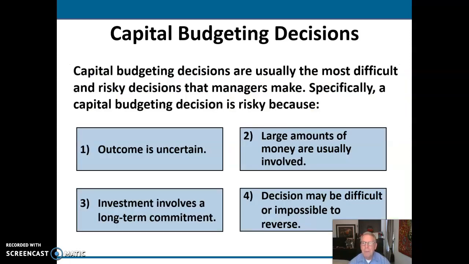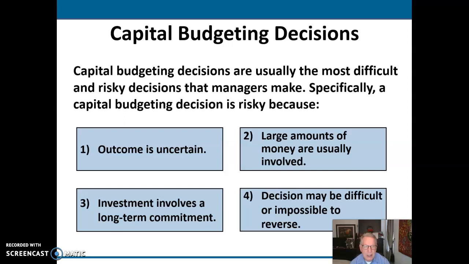All right, so capital budgeting decisions are usually the most difficult and risky decisions that managers make. And why are they risky? Well, because the outcome is uncertain. There's a large amount of money involved, and that investment usually requires a long-term commitment, several years usually.